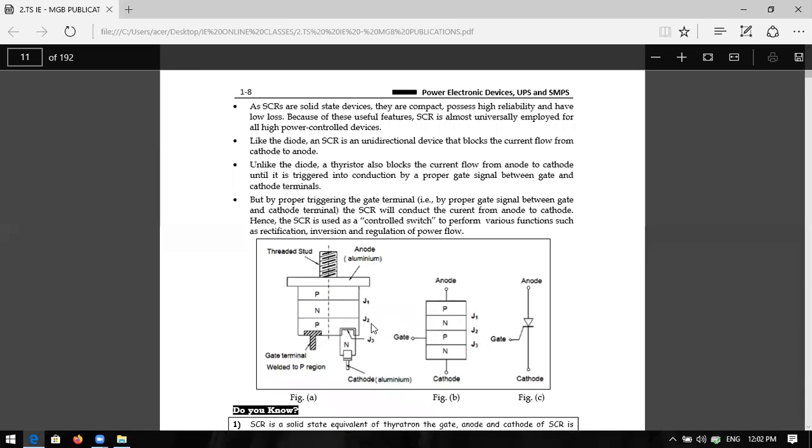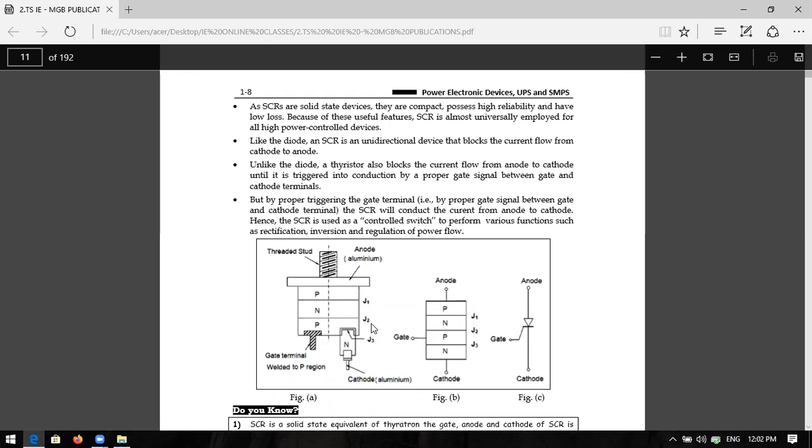By triggering the gate terminal, meaning you apply a small gate signal or a small pulse at the gate terminal, the SCR acts as a control switch. That is the reason you can call it a control switch.